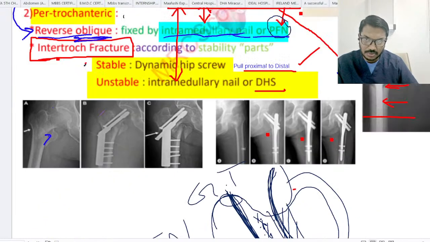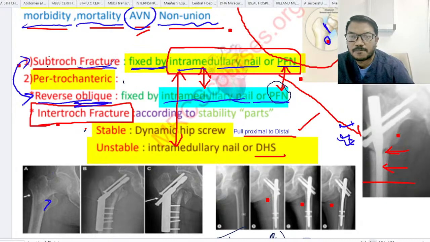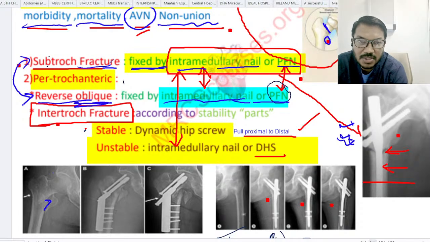This is what I was trying to say: a subtrochanteric fracture, within 5 centimeters, can be fixed by PFN or IM nail, and a pre-trochanteric reverse oblique can be fixed by the same PFN.